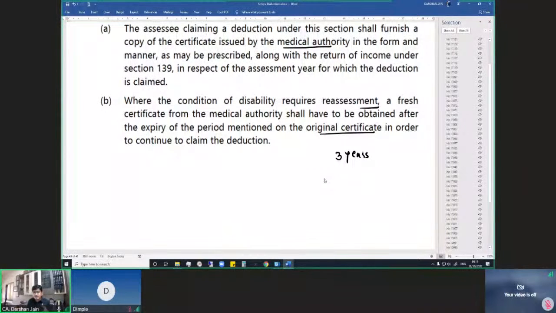Some diseases leave a permanent disability, either through disease or amputation, etc. The assessee could become permanently disabled. Now, if he becomes permanently disabled, there is no question of obtaining a certificate at regular intervals. This certificate would be required only in case of disability which has scope for improvement.